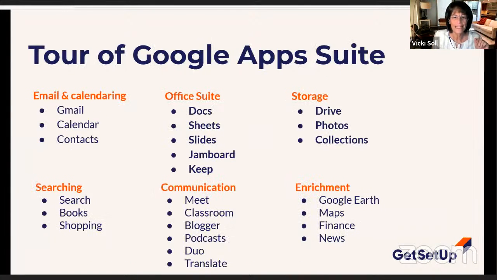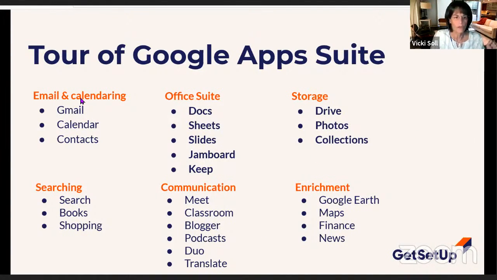And so the next thing I wanted to talk about was to briefly show you some of the different apps that make up the suite of apps. And I've grouped them into these loose categories to make it easier to learn about, to kind of visualize. So the first group has to do with email and calendaring.